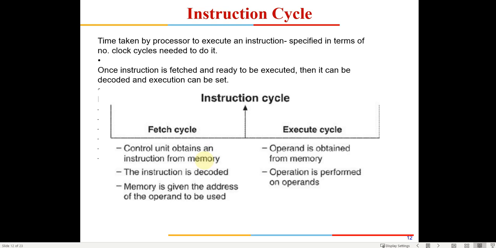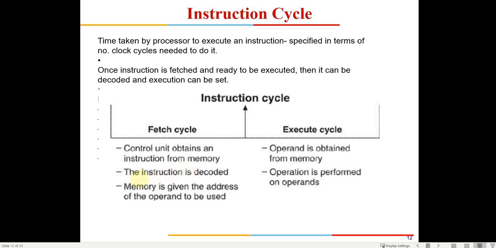Since it is a 16-bit processor and the data lines are 16, from two memories the data will be brought simultaneously into the BIU. Every time 2 bytes of information will be fetched.